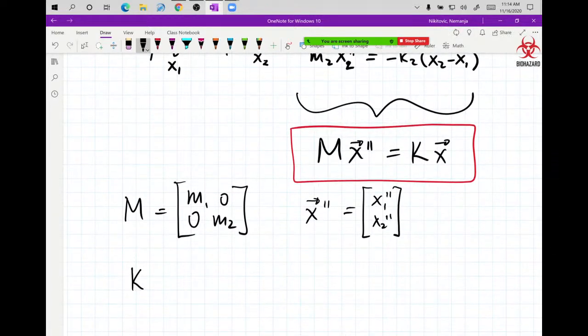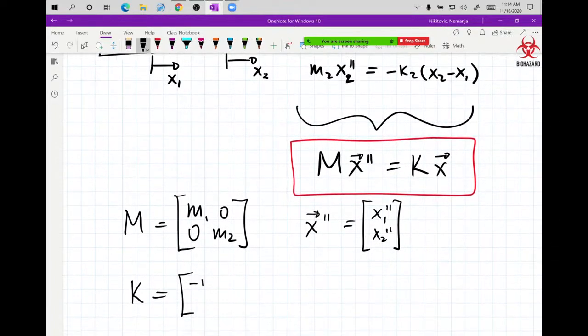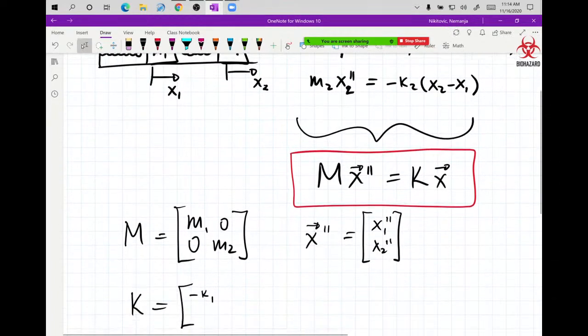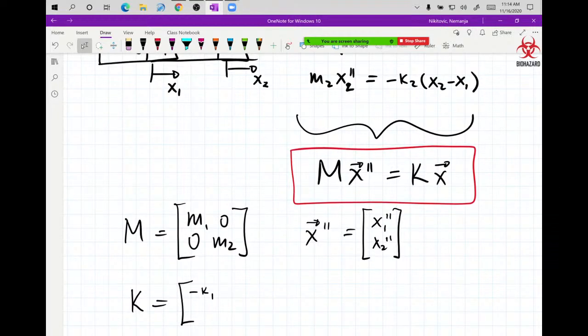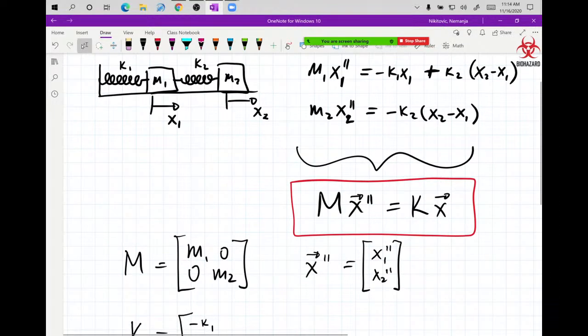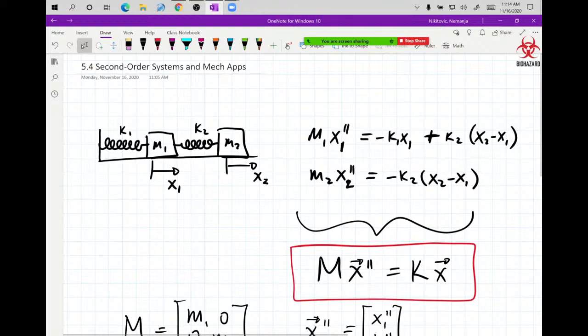Now, matrix K is going to be the matrix of coefficients, which is negative K1, and then we have, oh, I did not collect like terms, and I didn't do any of that here. See that this is still the way it's set up. So let's go here.